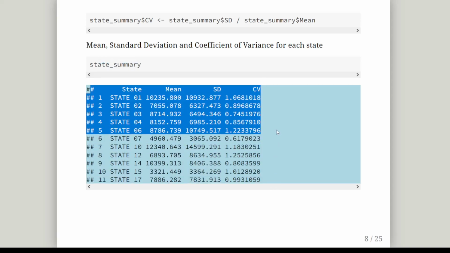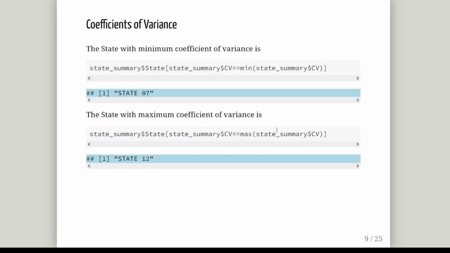Okay, so what we have to do is just pick out the maximum and minimum. So the state with the minimum coefficient of variance is, pick out which value is the minimum coefficient of variance, and set up a logical vector to see which of them correspond to that. Now remember, it actually could be more than one. Okay, in the event of a tie for minimum values, you could actually get multiple states here.